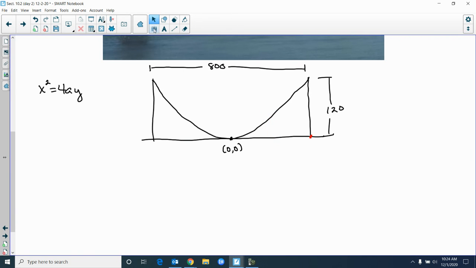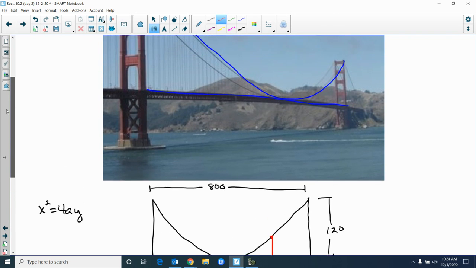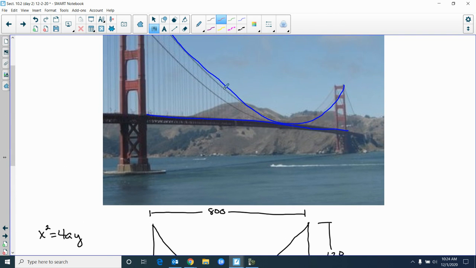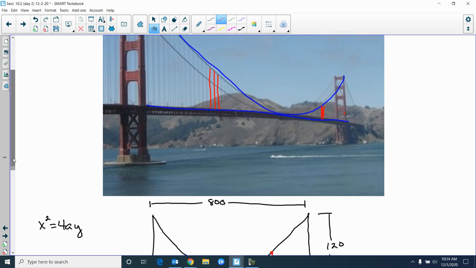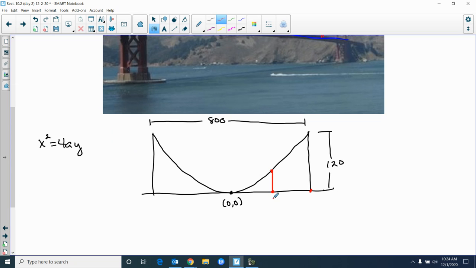So I'm going to go over 250 feet, and I want to know the length of that wire. As you can see up here, look at all of these wires. We're just figuring out the length of the wire that is 250 feet from the tower on the right.